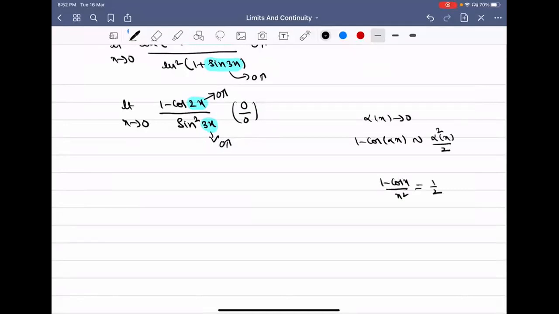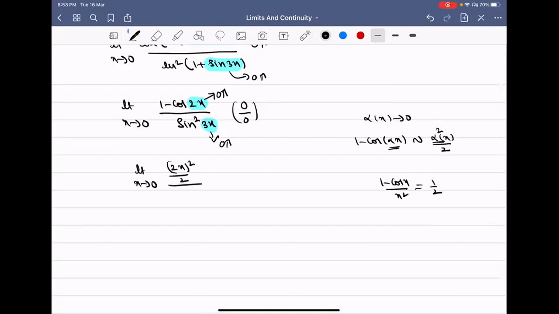So 1 minus cos 2x is equivalent to 4x square over 2.